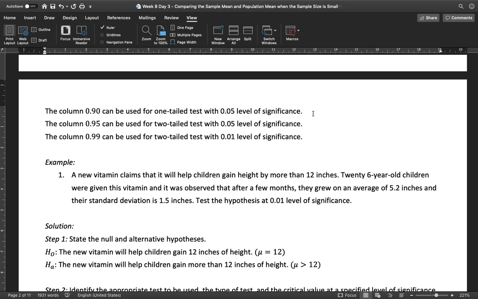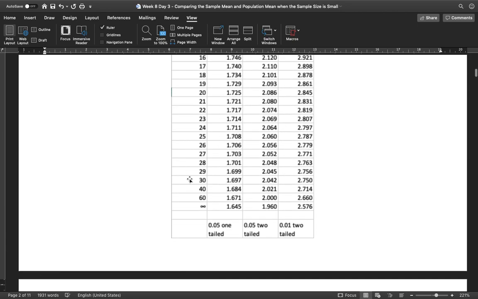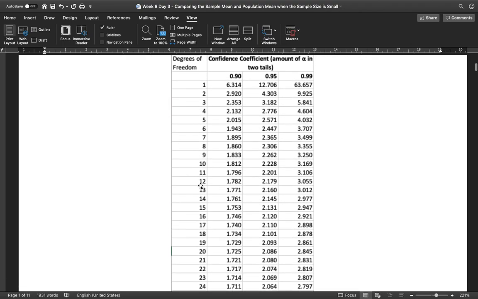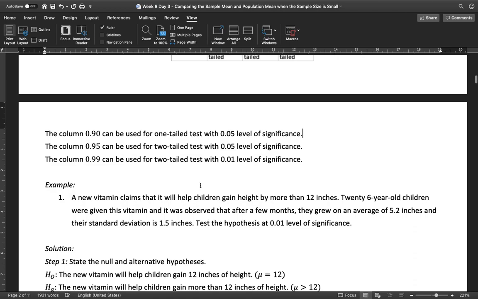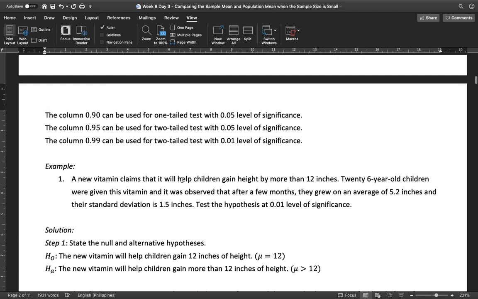Pero if you search on the internet for the t-table, mahaba pa yan. At hindi lang siya hanggang 30. It extends hanggang hundreds of values for the degrees of freedom pa. Okay? So, let's have an example.